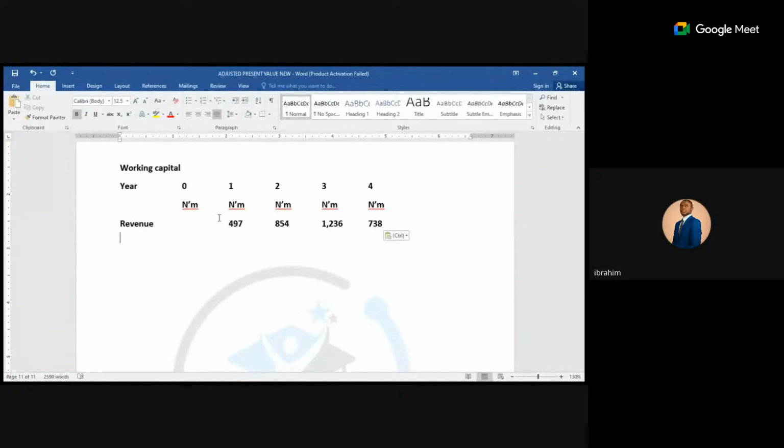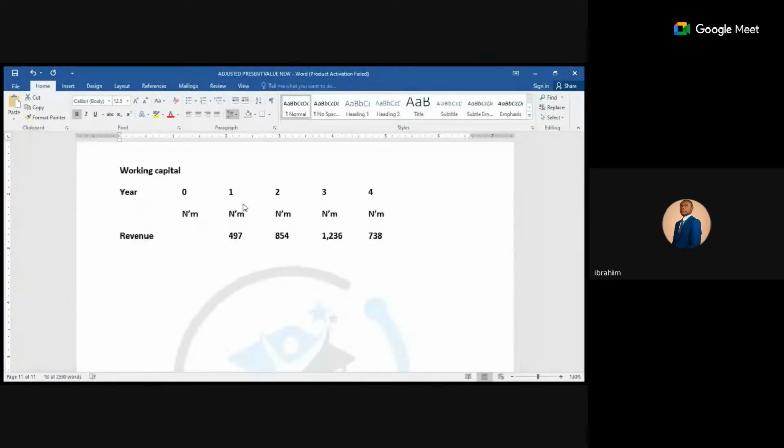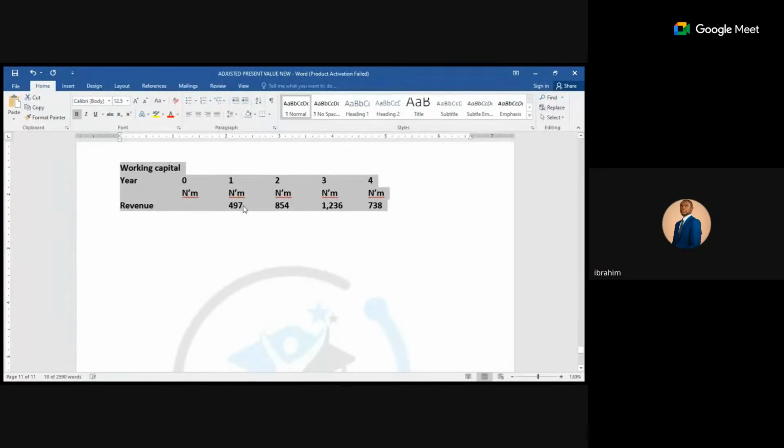In another case scenario, the examiner may say that for every 1 naira increase in your sales will be your working capital.